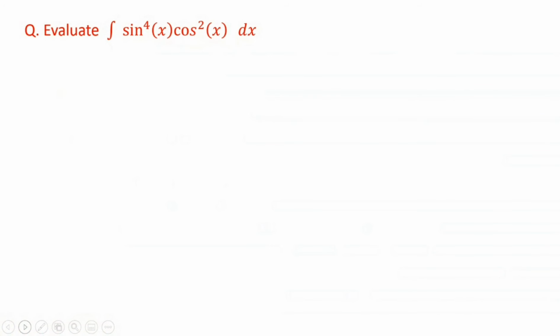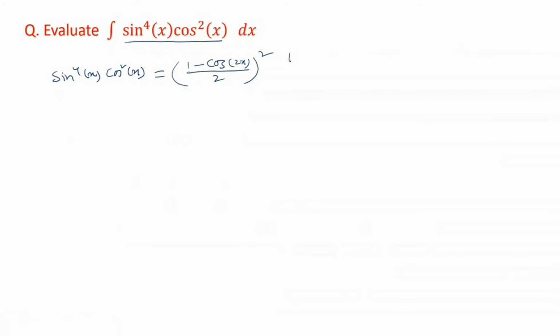So now we will solve one problem: the integral of sine to the power 4 x cosine square x dx. First we'll convert this into the well-known form and then we'll solve the integration. So sine to the power 4 x cosine square x is 1 minus cosine 2x over 2 whole square, times 1 plus cosine 2x over 2.